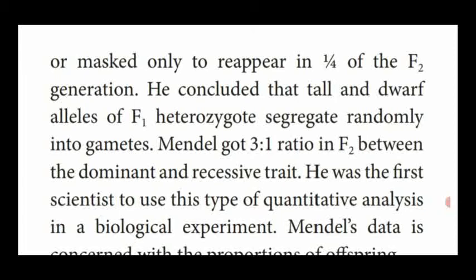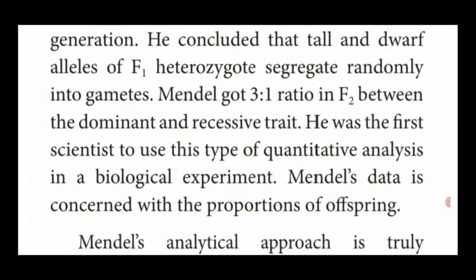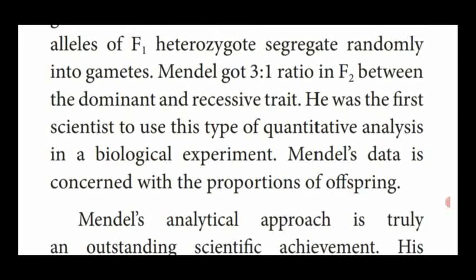So at the end of the monohybrid cross, he mentioned the ratio 3:1. Three characters are dominant and one is the recessive character. So this is the quantitative analysis given by Mendel.